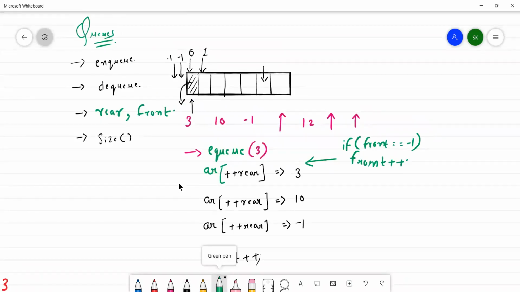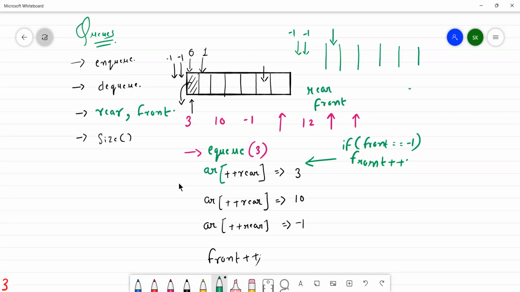See, initially both rear and front are at -1. For the very first time, that is for the first element you are entering, only for that case, you have to increment both rear and front. Afterwards, whatever NQ operation happens, you need not move your front. Clear? For the second NQ operation. Yeah, I got it now.